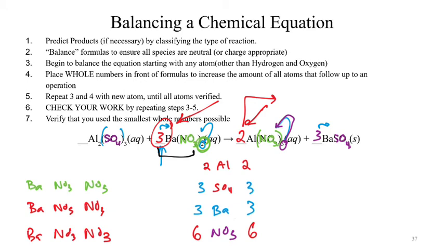When are we allowed to balance with sulfate and nitrate? Does it get destroyed in the process of this reaction? If it's not destroyed, I can balance as sulfate. It's now just a larger piece. If it gets destroyed, then I have to balance by atoms.